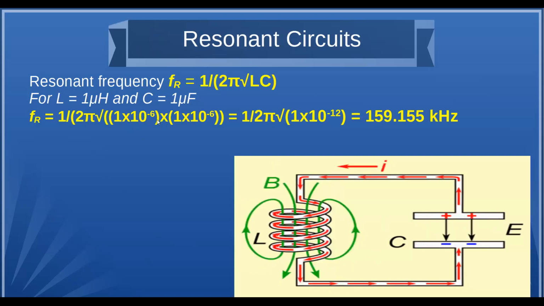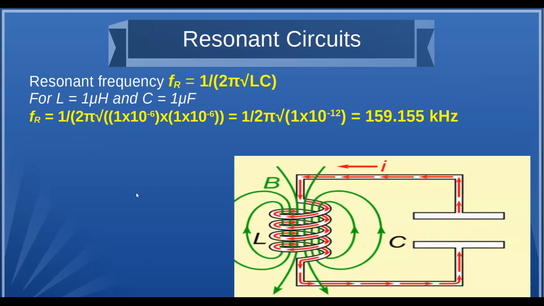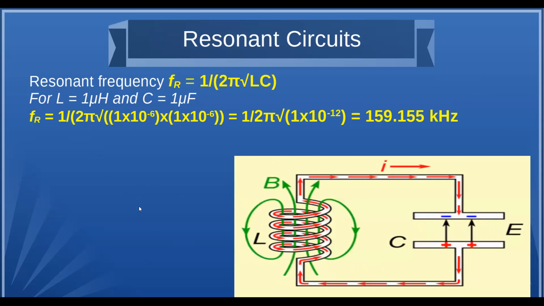So if you plug those into the formula, you come out with basically 160 kilohertz, which is a number that pops up a lot, but I'm not sure what's important about it. I don't know, I forget.